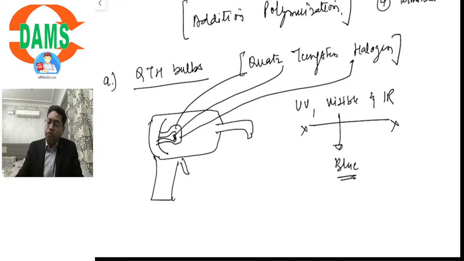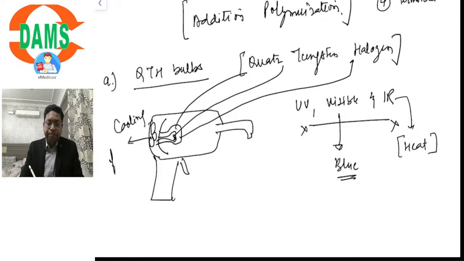And as you know, whenever infrared radiations are there, there would be heat generation. So when current is passed through a quartz tungsten halogen unit, there would be heat generation. To dissipate the heat, there is a cooling fan at the back of the unit to keep it cool.